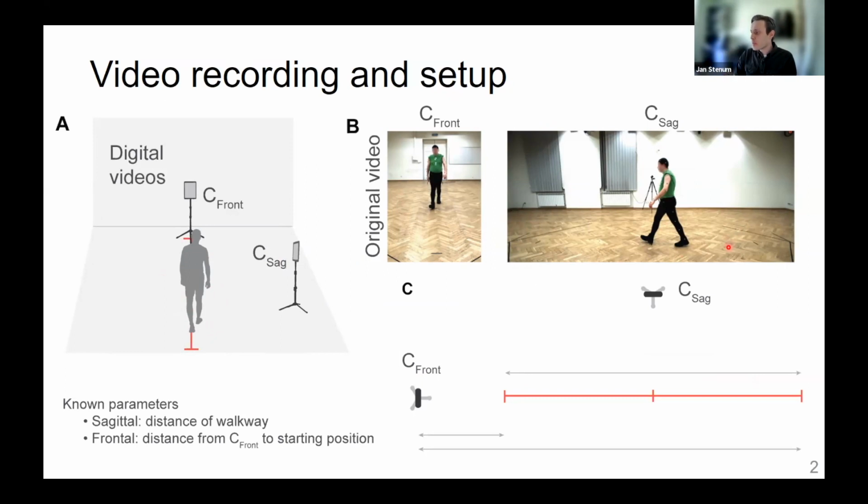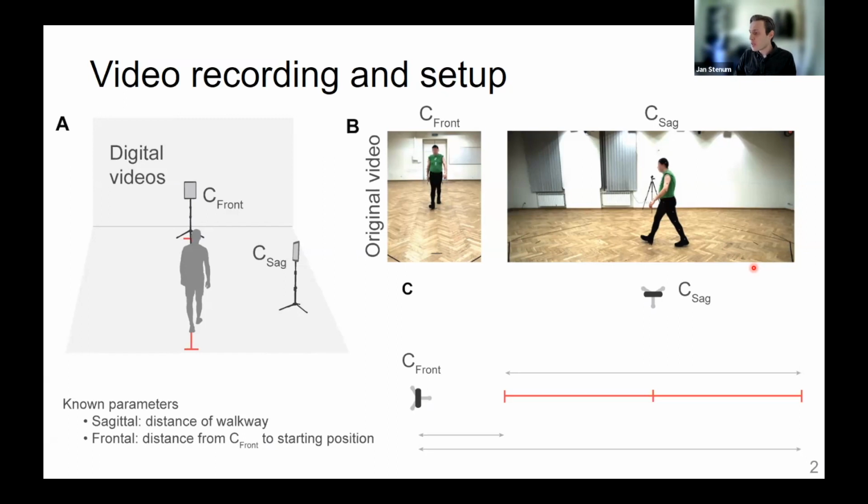In order to set up this space, there are some distances of the capture space that you would need as input to the workflows later on. So for the sagittal plane workflow, in order to dimensionalize the pixel distances into unit distances, you can, for example, use the distance of the walkway, so the length between two strips of tape, as long as it's in the line of progression of the person walking.